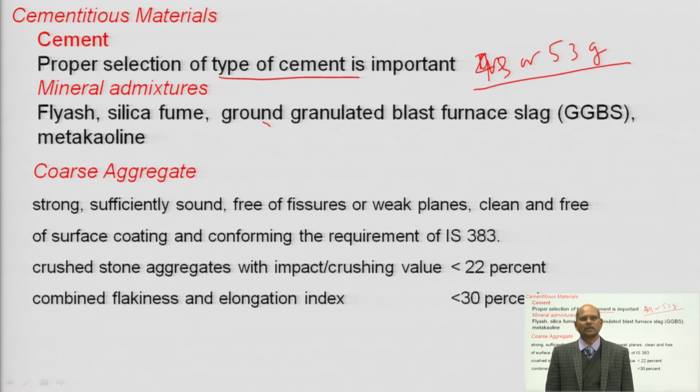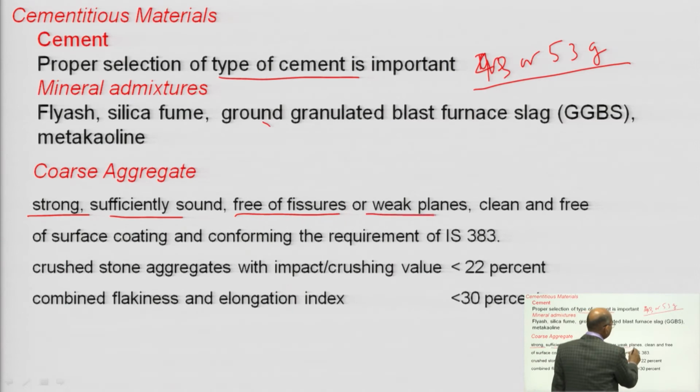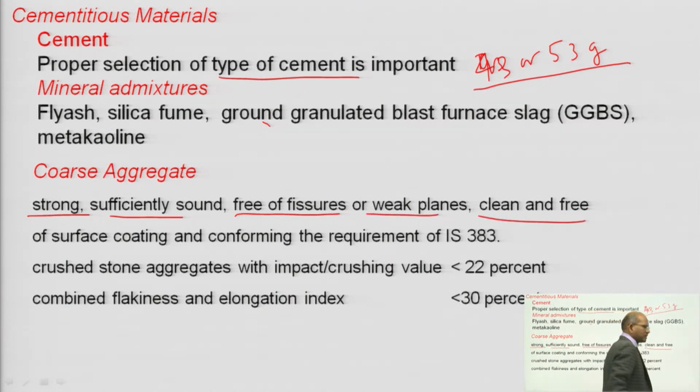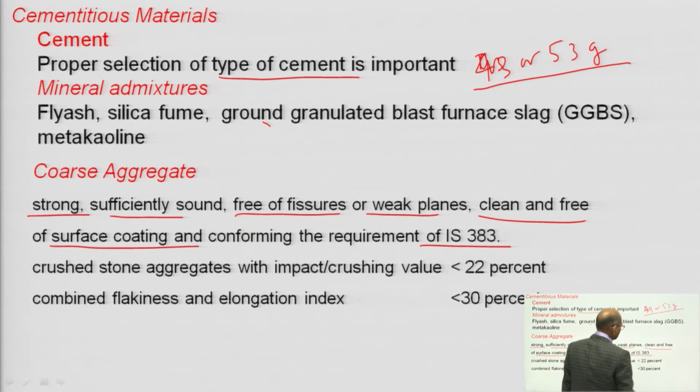Then we have coarse aggregate. What are the requirements of coarse aggregate? It should be strong, sufficiently sound, free of fissures, weak planes, clean and free from surface coating, and it should conform to IS 383.